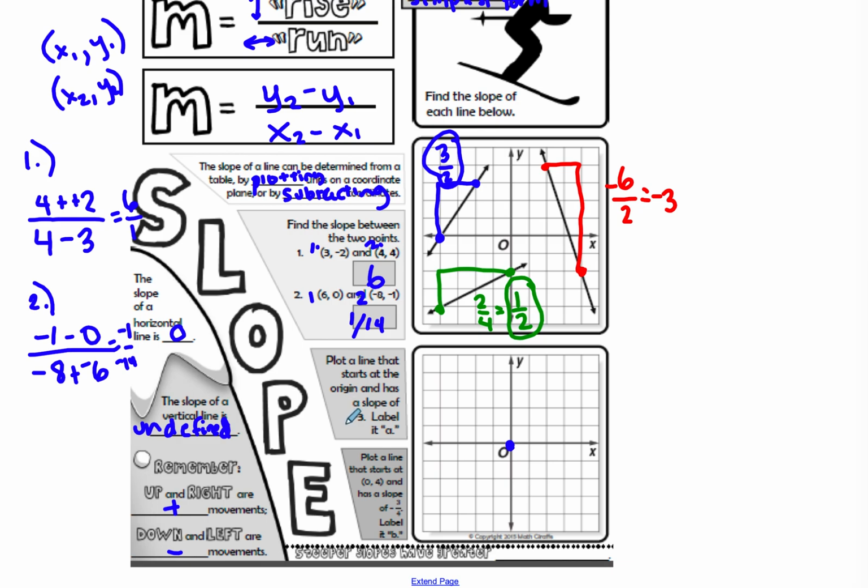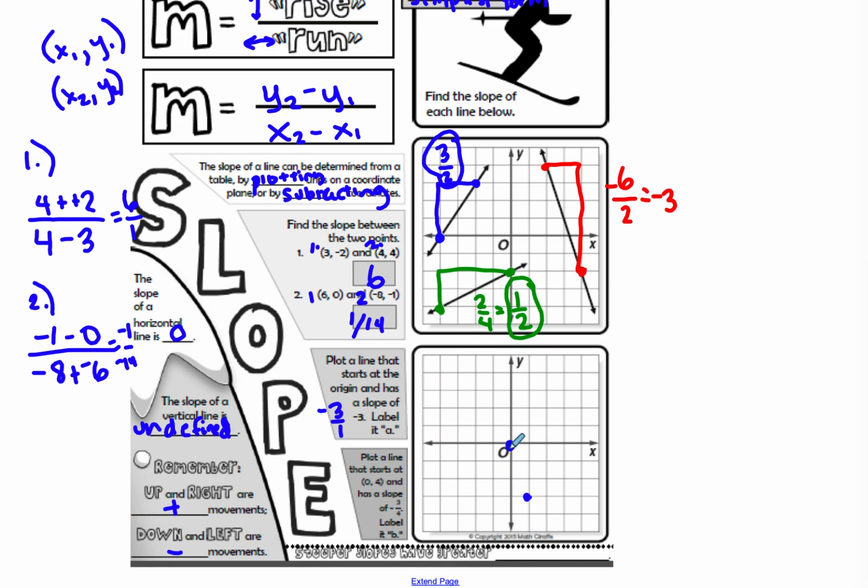Negative 3 is like negative 3 over 1. I'm just going to rewrite it over here so you can see it. That means I'm going down 3 and to the right 1. I always go to the right. So I'm going to go down 3, 1, 2, 3 over 1. Now I could have gone up and to the left, but only one part can be negative. So I'm just putting that on the top. Down 3 over 1.